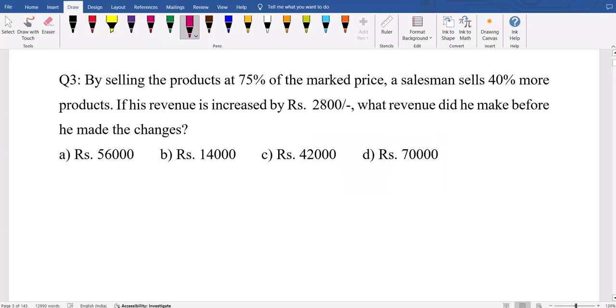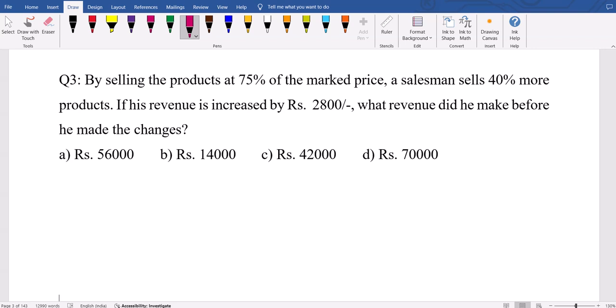By selling the product at 75% of the market price, a salesman sells 40% more products. If his revenue is increased by rupees 2,800, what revenue did he make before he made the changes? So initially, your market price is something, you are not giving any discounts, and you got a certain revenue.